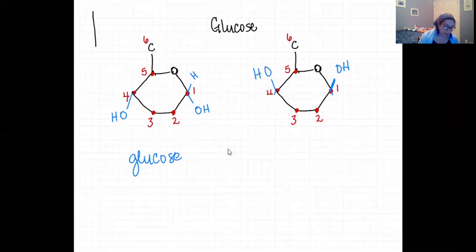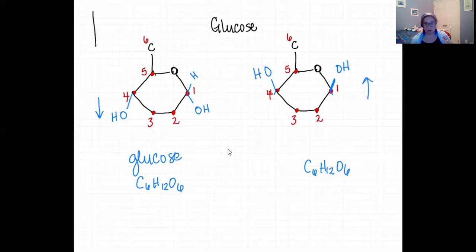This one over here is still C6H12O6. But because the hydroxyl groups at carbon number 1 and carbon number 4 are drawn pointing upward, see that? That hydroxyl group right there is pointing upward, whereas over here they're pointing down. Because of that difference, this is a completely different molecule.